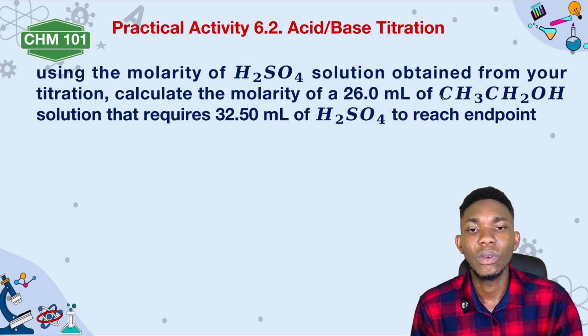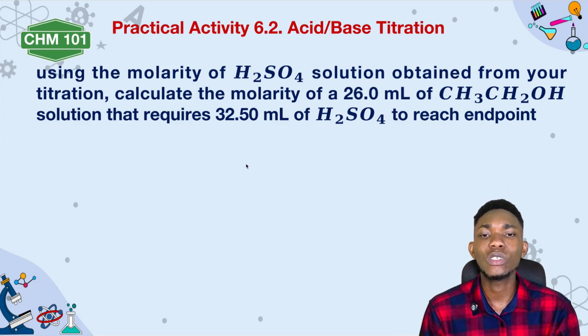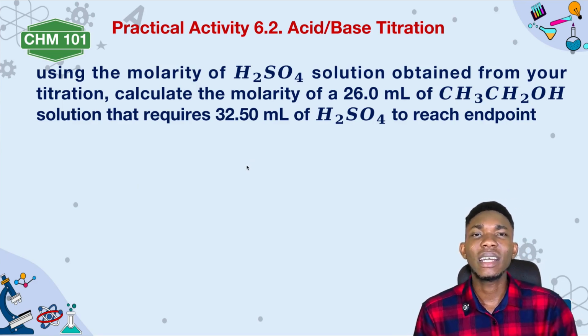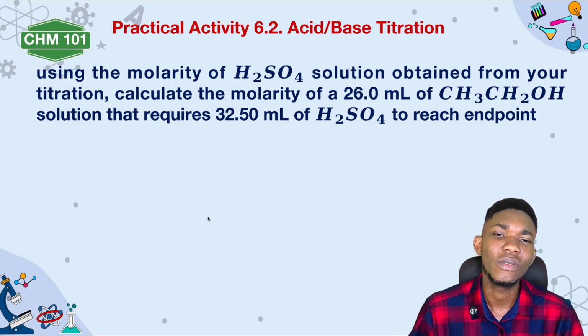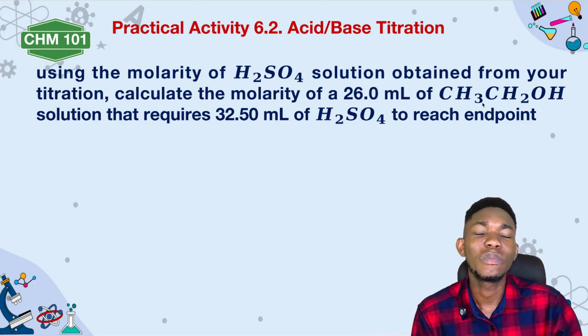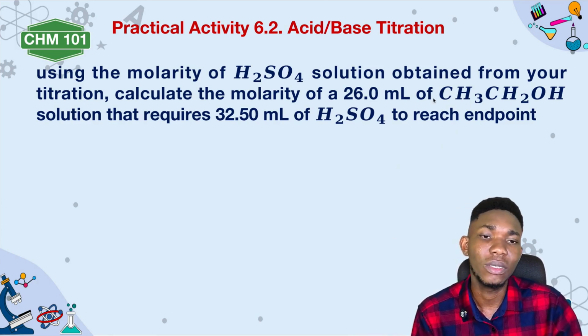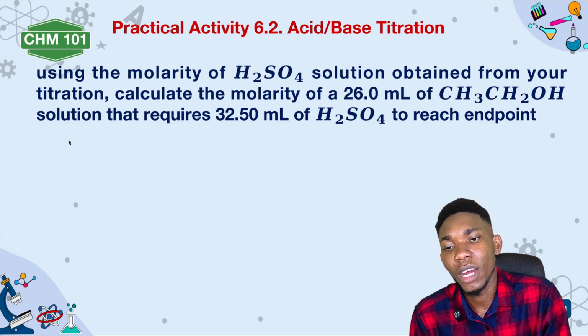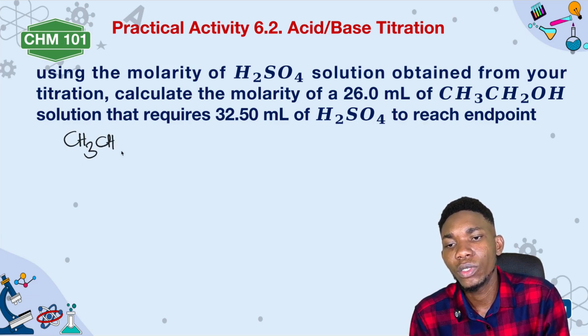We have ethanol reacting with H2SO4. Although this is not really an acid-base reaction based on the knowledge of chemistry, we should just do it the way it is. However, we are still going to do it anyway.